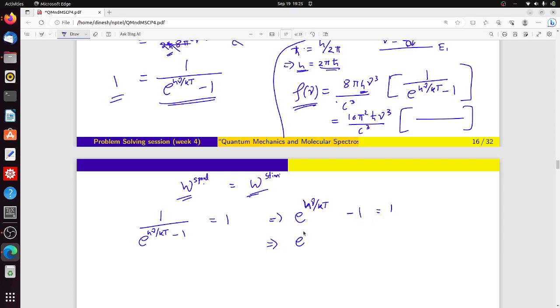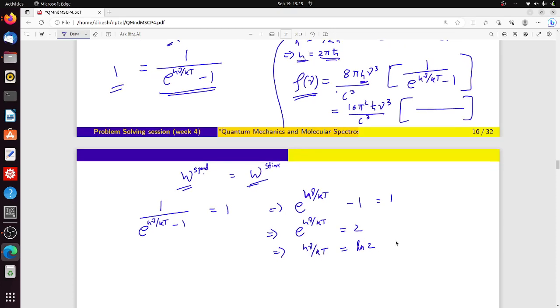So e to the power h nu over kt is equal to 2, then h nu over kt is ln of 2, right? Then this nu should be called the critical frequency, because let's first calculate, then I'll explain. Then this nu c will be equal to kt over h ln 2, right?